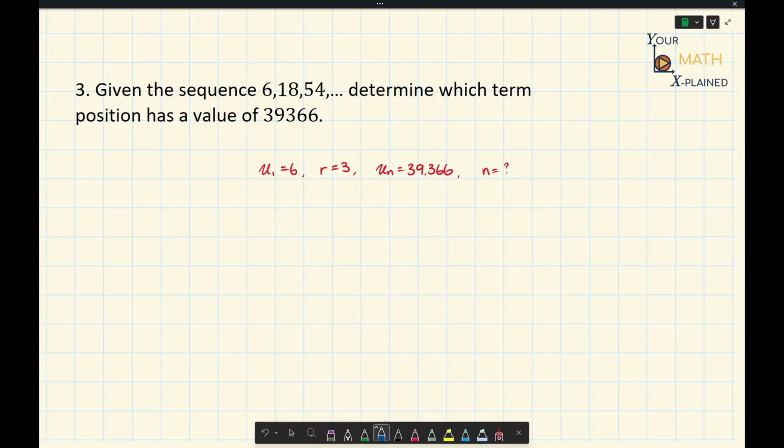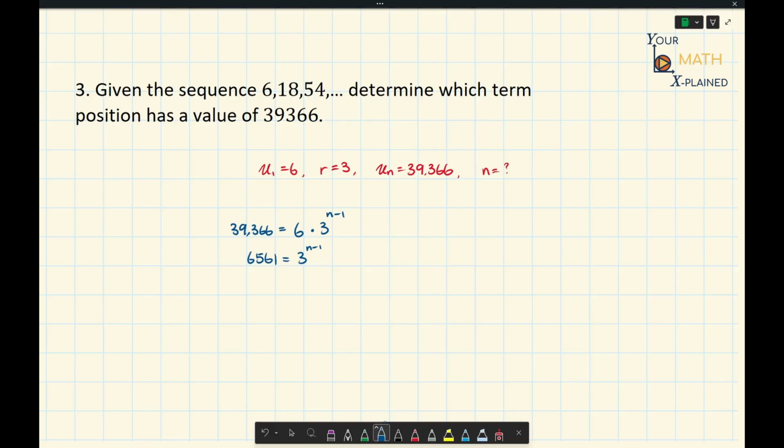So again, putting this into our formula, we get 39,366 is equal to the first term times the common ratio to the power of n minus 1. Dividing both sides by 6 is going to give us 6,561 is equal to 3 to the power of n minus 1.